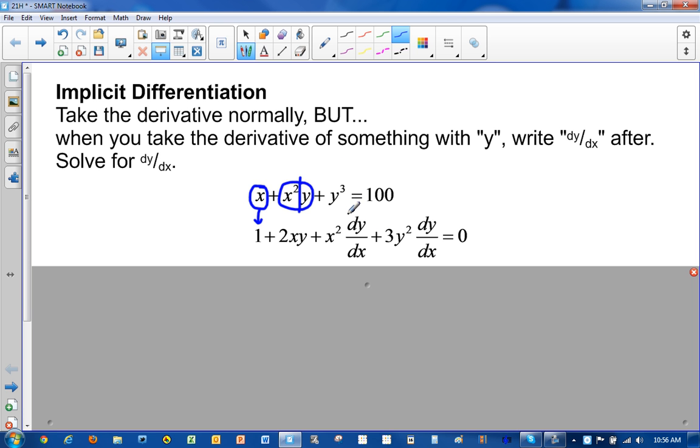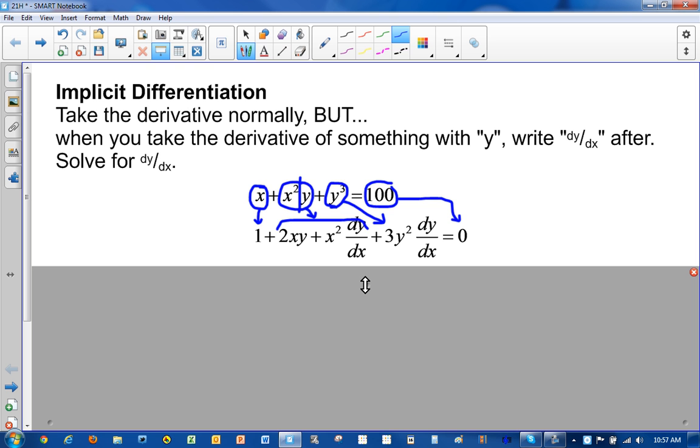And then I move on to the last term. Nothing crazy here. The derivative of y cubed is 3y squared, but since I took the derivative of the y part of something, then I've just got to write dy dx after it. And then the derivative of 100 is 0. Okay, so all of that is how I get all of those terms. And this was as a result of the product rule.